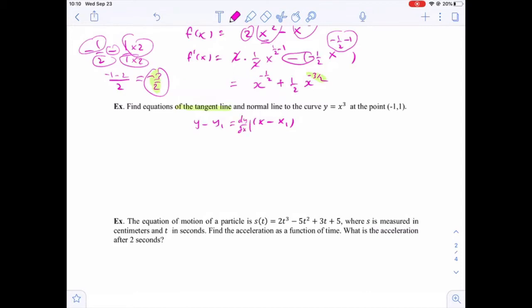dy over dx at x equals x1. What does that mean? That means the derivative computed at x equals negative 1, for example, here. Okay, so this is the same as the slope at negative 1, 1.